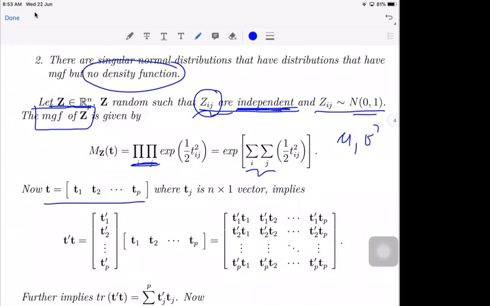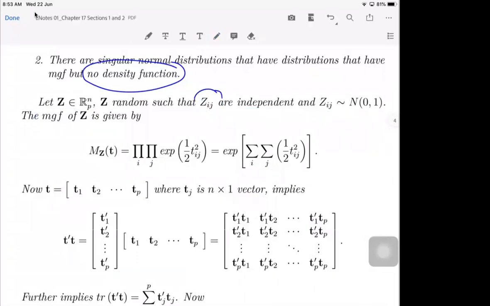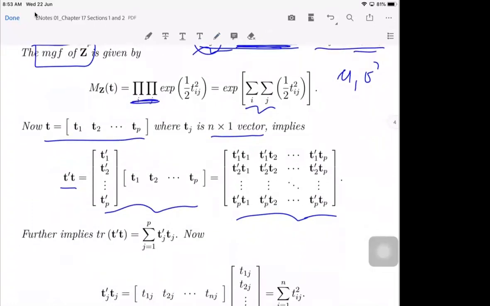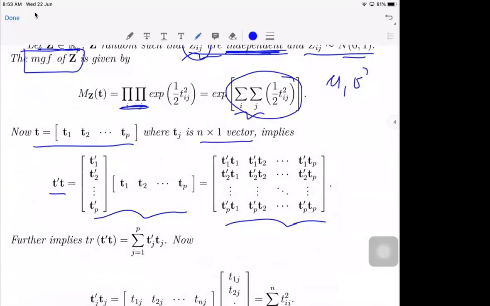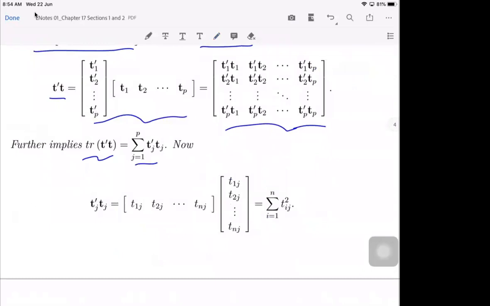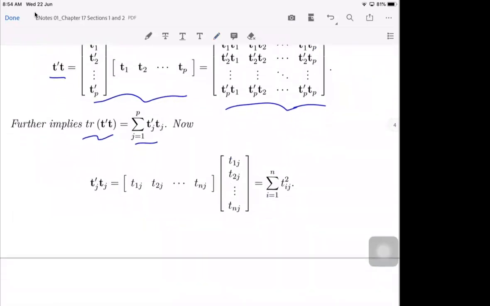So now, this is your vector t. Each tj is an n by 1 vector, which implies that t prime t is equal to this. Vector multiplication will give you this, so that we are relating this in terms of the trace. If we get the trace of t prime t, it is equal to the sum of tj prime tj.